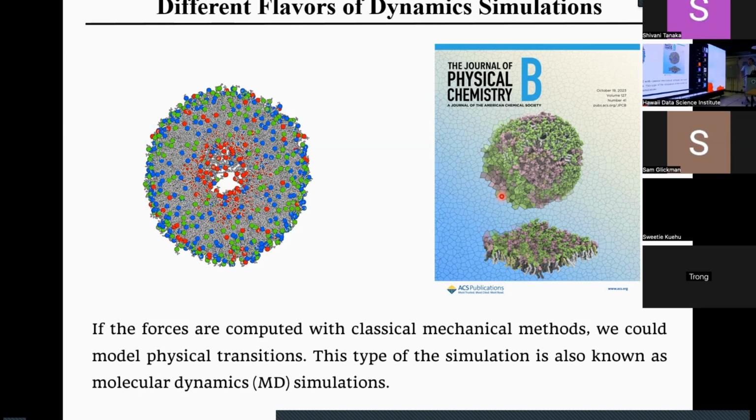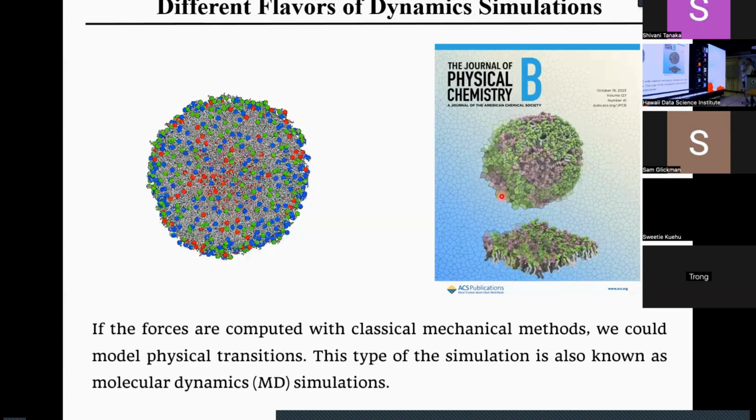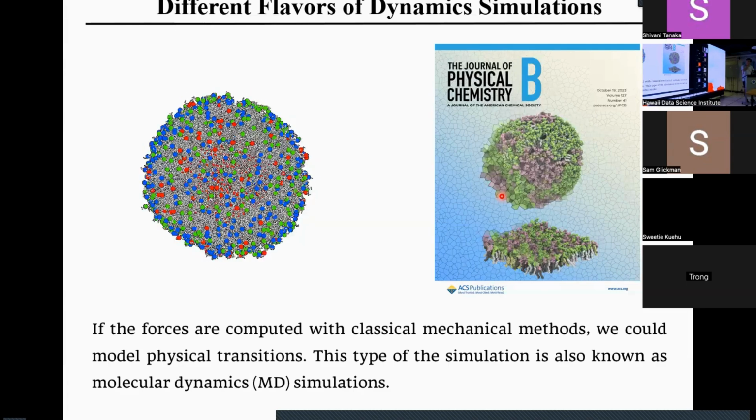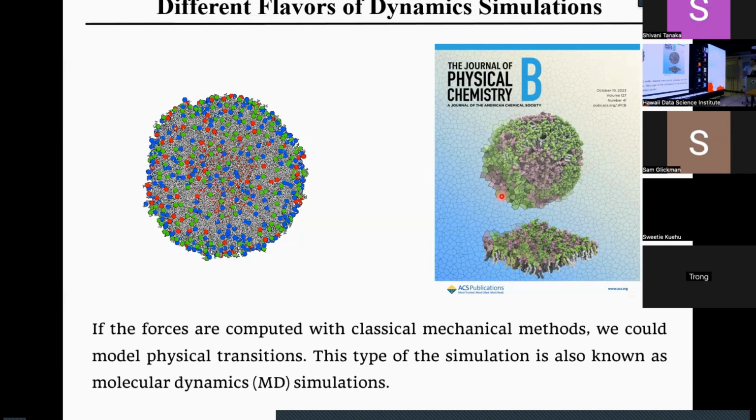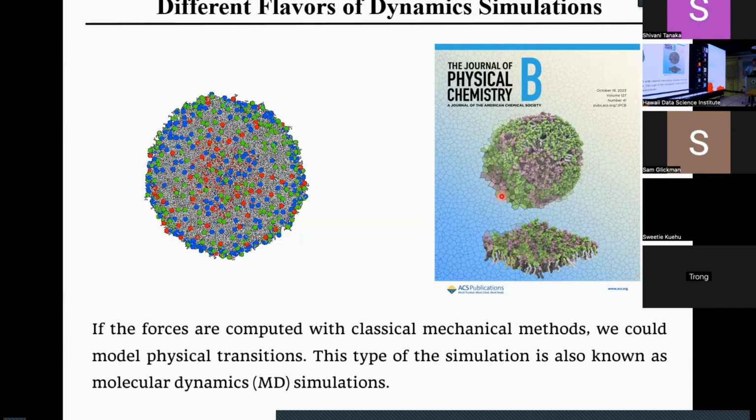Here, I'm showing you an example from our group working on big systems, the formation of a vesicle in our body. I don't know why the animation is a little jagged, but it looks pretty smooth on my computer. You can sort of see this guy moving.